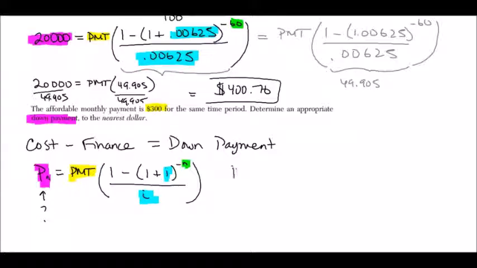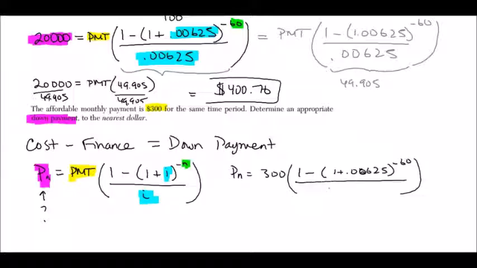So Pn is equivalent to 300 times 1 minus 1 plus I to the negative, well, let's actually fill that all in one spot here. 1 plus I, which is 1 plus 0.00625 to the negative 60th. All of that over 0.00625.